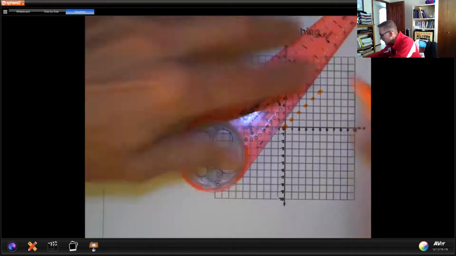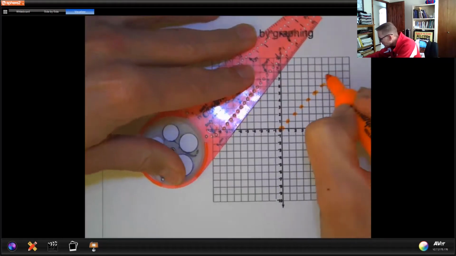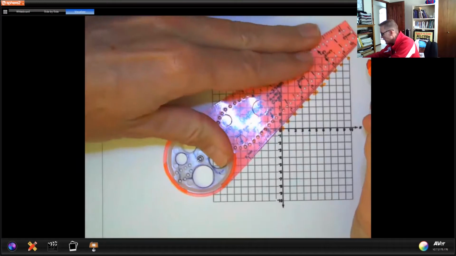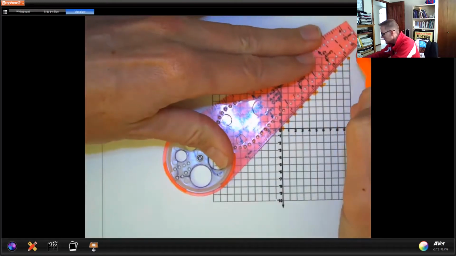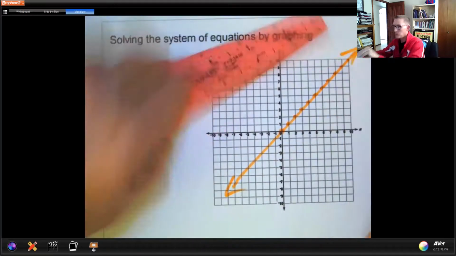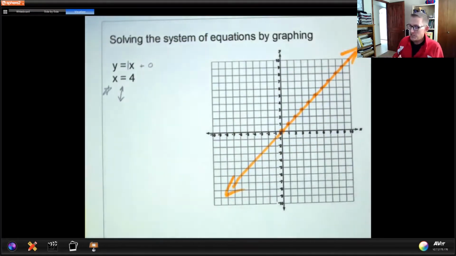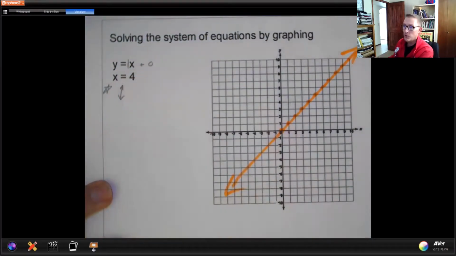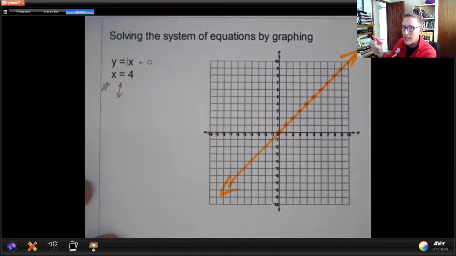And we're going to go ahead and then the second one is a vertical line, because x equals are vertical. Remember, if it was just y equals a number, that would be horizontal.